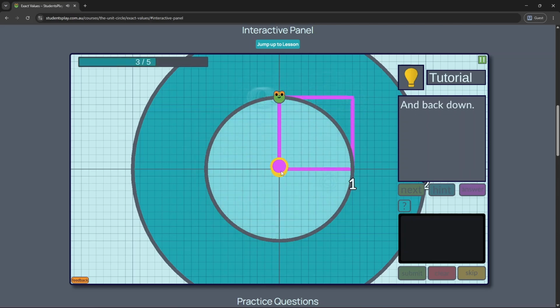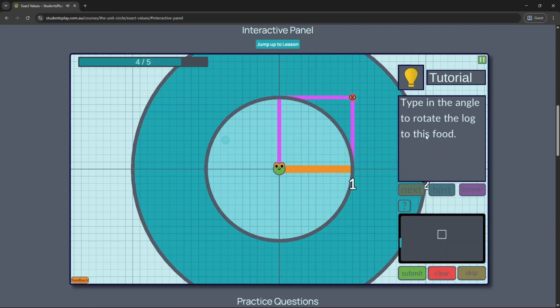And back down. Type in the angle to rotate the log to this food. Okay, so if I go up here, it looks like it's kind of halfway. So that'd be 45. Nice.